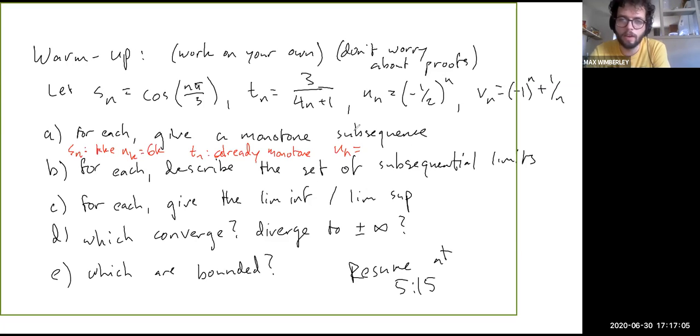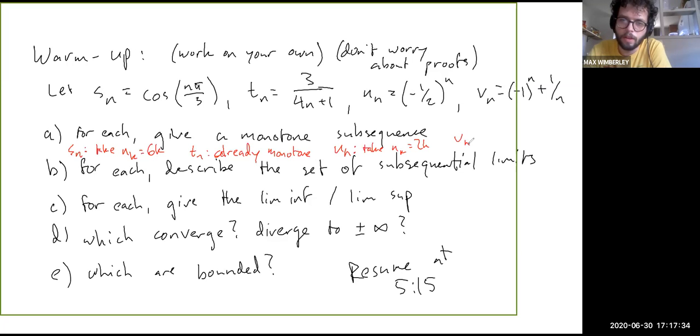So if you take nk equals 2k, then you get 1 over 4 to the k as your decreasing sequence, and that's the monotone subsequence.